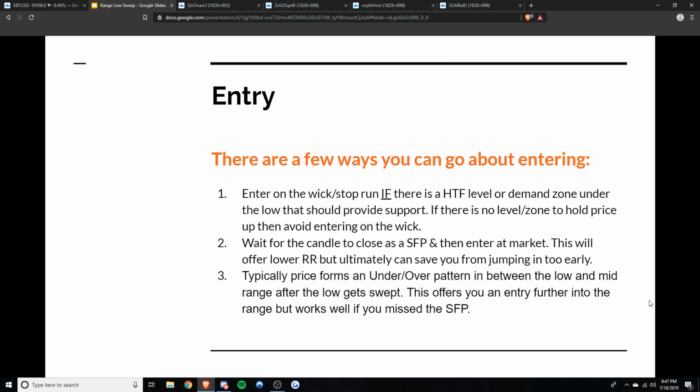If you miss the SFP or whatever, most of the time price does give you that under over pattern. If you don't know what that is, here's a quick example. I don't really have anything to mark it up, so sorry about that. But basically, say this is the range low, this line. Price goes below it, SFPs, closes back above it, goes up a little bit, and then retests down here, either at a support level or the range low or demand.